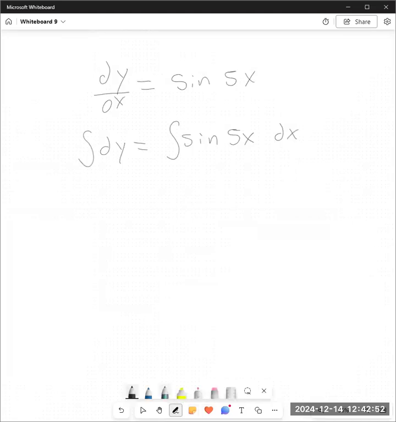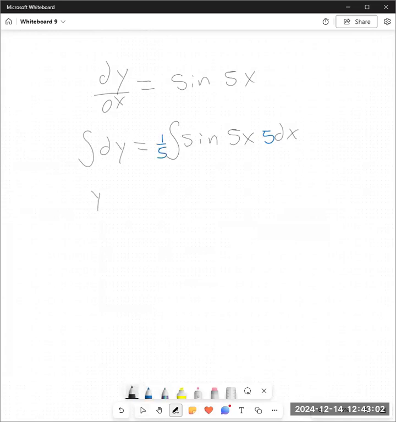If I say dy/dx is equal to sine of 5x, you know that you can split this to say dy is equal to sine of 5x dx and then integrate both sides. I need a 5 dx for my du and a 1/5 to balance that out.